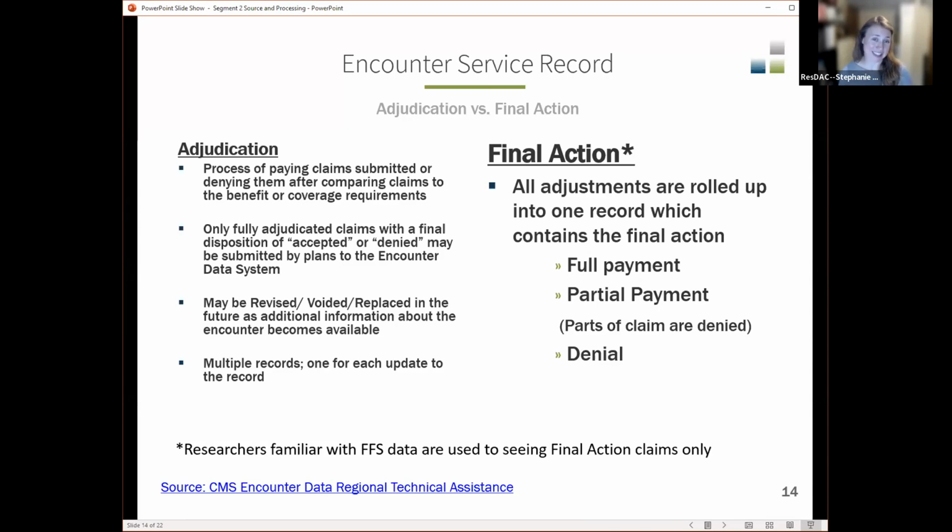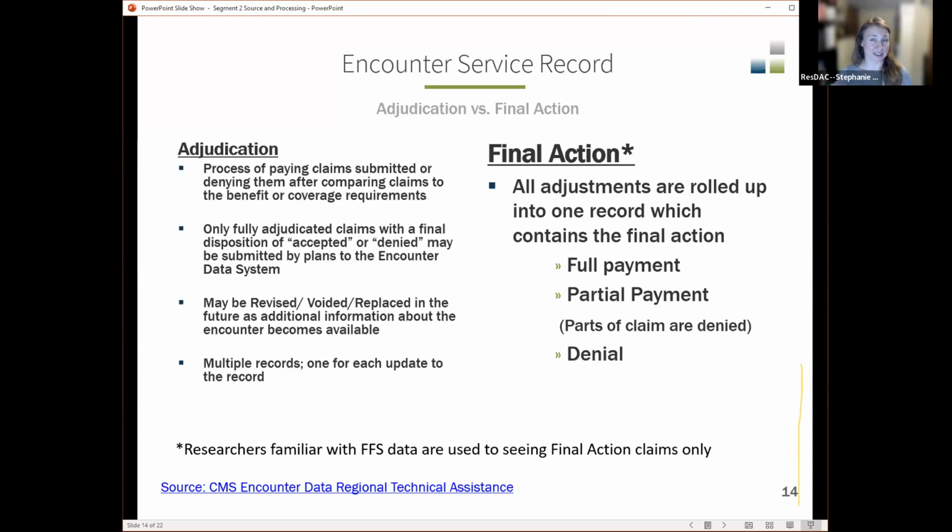Now, sometimes an adjudicated claim, its final status is approved or it's denied, and maybe a replacement claim will be submitted. We get a lot of data on that within the encounter data processing system. Whereas with fee-for-service, we always say, well, the research files contain final action claims.